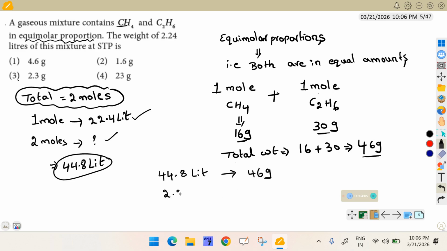Then 2.24 liters of the mixture weigh how much? Simplify by the cross multiplication technique. 2.24 into 46 divided by 44.8 is equal to 2.3 grams. Third option is the correct option.